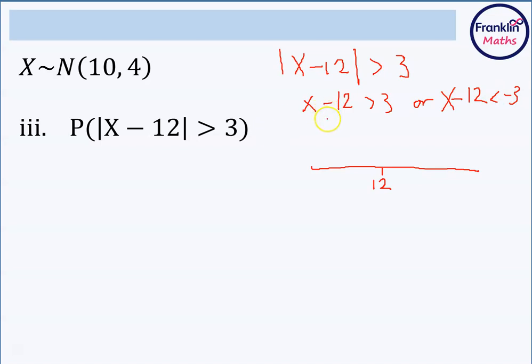And you just need to add 12 onto each one. So X is greater than 15, or X is less than 9. And that's what we were saying a minute ago. If we had 12 in the middle, which numbers are 3 away? So it's that one there. Don't colour it in because it's not got the equals built into the inequality.